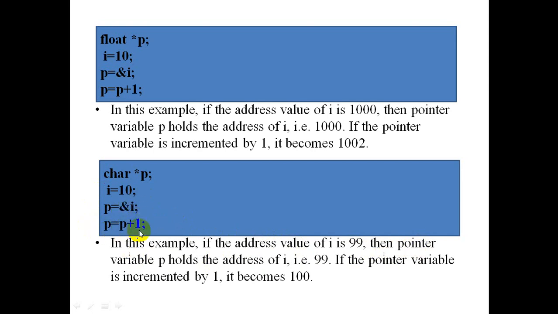But when the pointer is incremented, it is incremented by the size of the character. What is the size of the character? It is 1 byte, and it becomes 100. So in pointers, increment depends on the size of the data type.